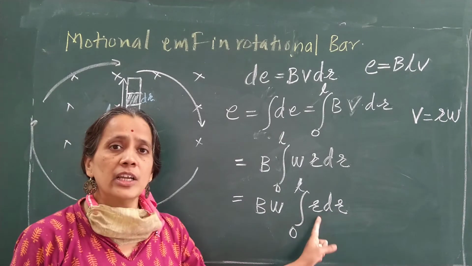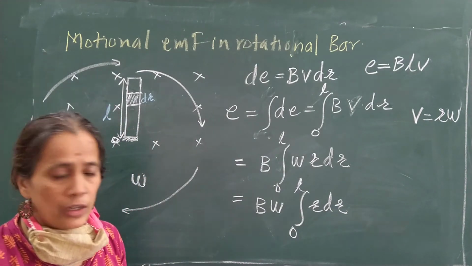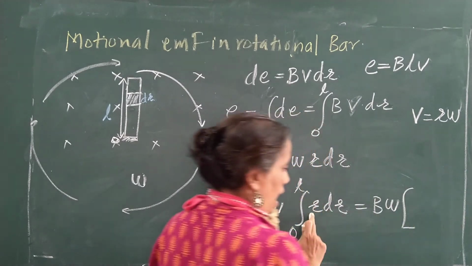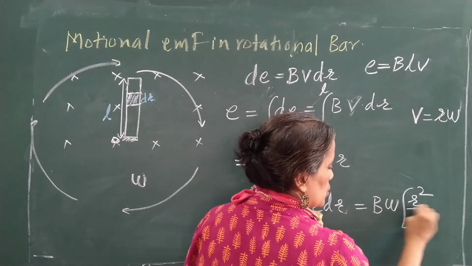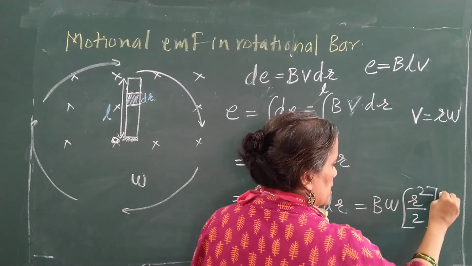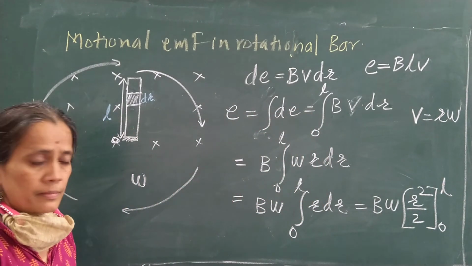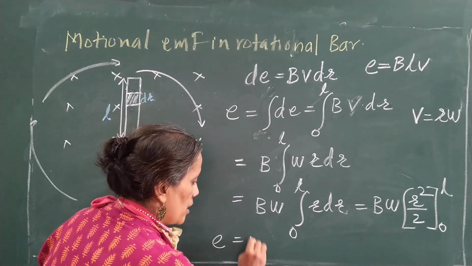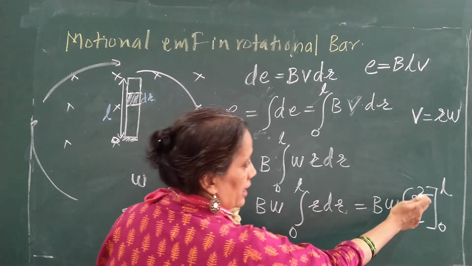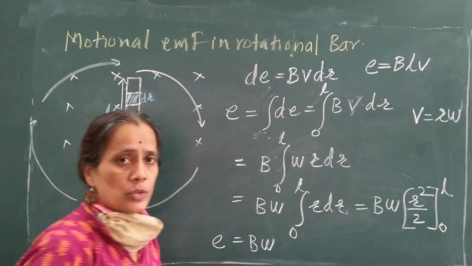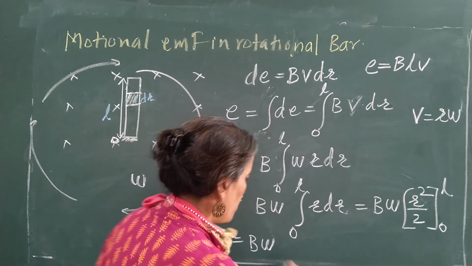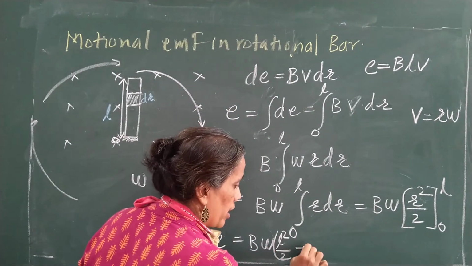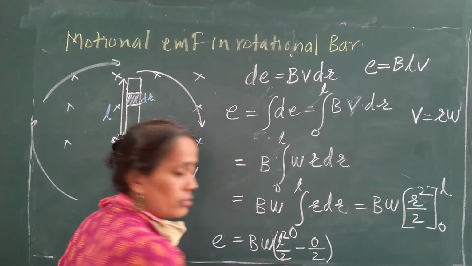Now the integration of r dr is r squared by 2, with integration limits from 0 to L. Therefore the induced EMF can be written as B omega, and in place of the variable r squared I put the upper limit, so L squared upon 2, and the lower limit 0, so 0 by 2.